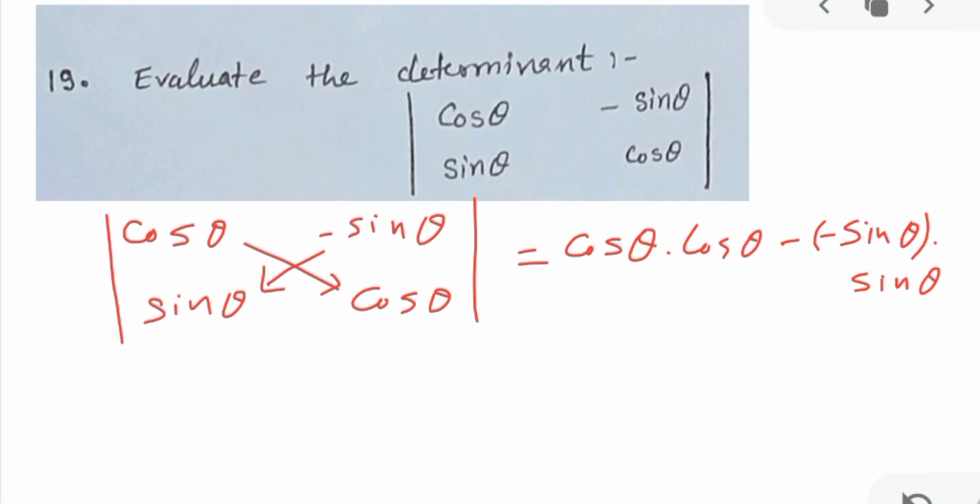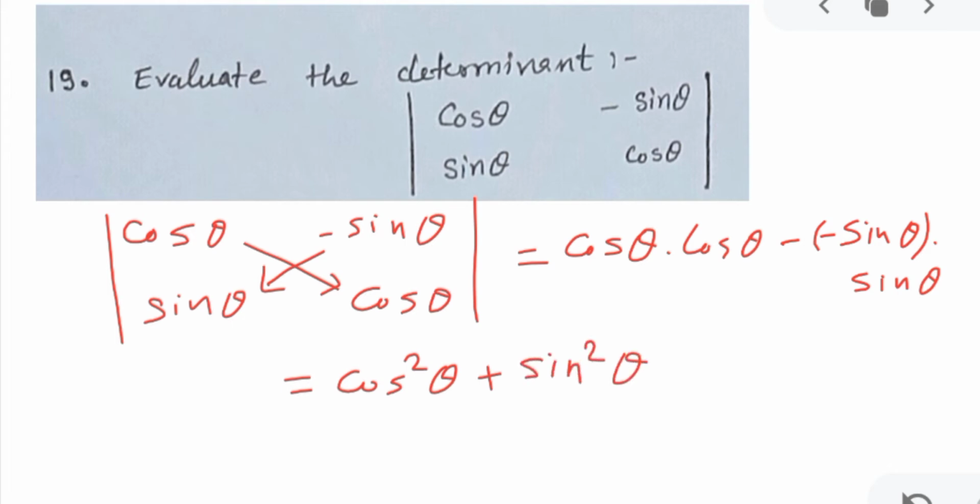So cos theta into cos theta will be cos square theta, and this minus will become plus, and sin theta into sin theta will be sin square theta, correct?